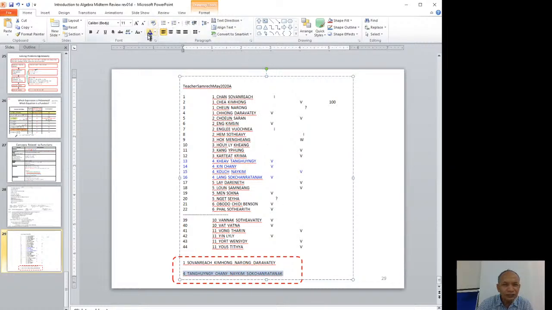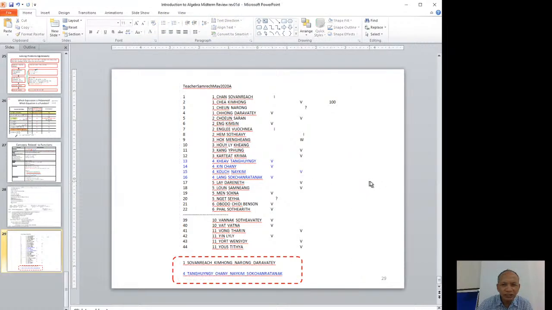Okay, this is version 4. When I upload these, one version 1 for 4 students, version 4 for 4 students, and version 6, 7, until we have 11 versions.